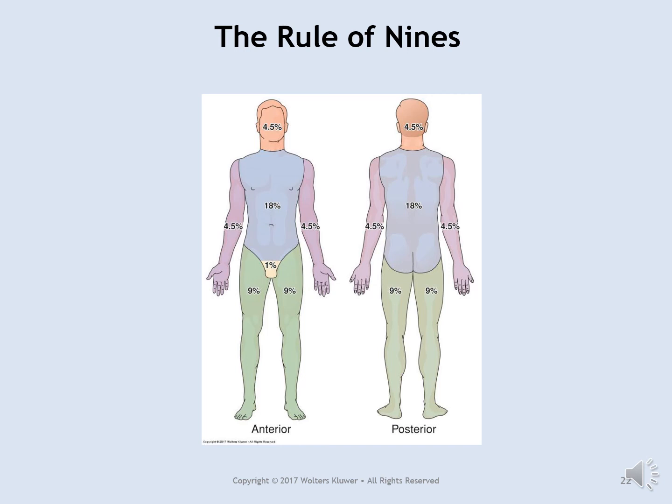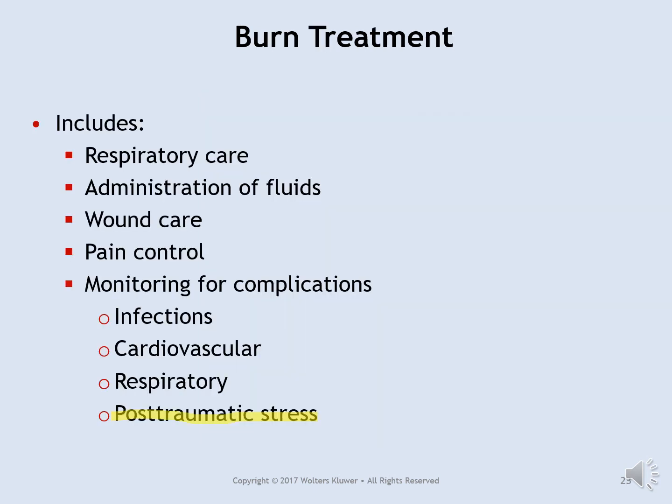So you can see all of these areas are some factor of 9. The head is 4.5%, half of 9. Each arm is 4.5%. The torso is double 9%, and each leg is 9%, and the groin is 1%. I don't know why they picked that, but that is what is used.